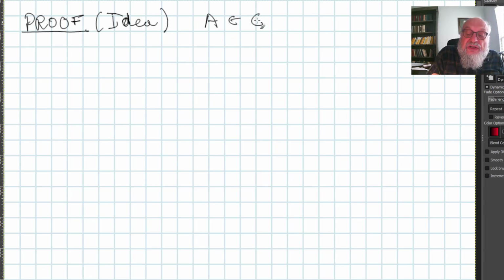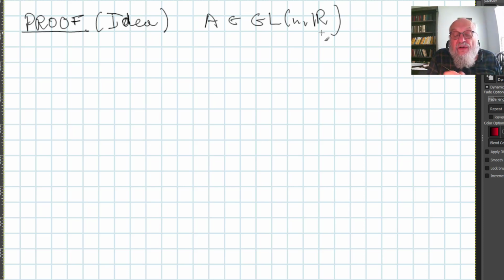Remember, if matrix A belongs to GL(n, R), you can look at this matrix as a complex matrix, because a real number is a complex number, so a real matrix is also a complex matrix.